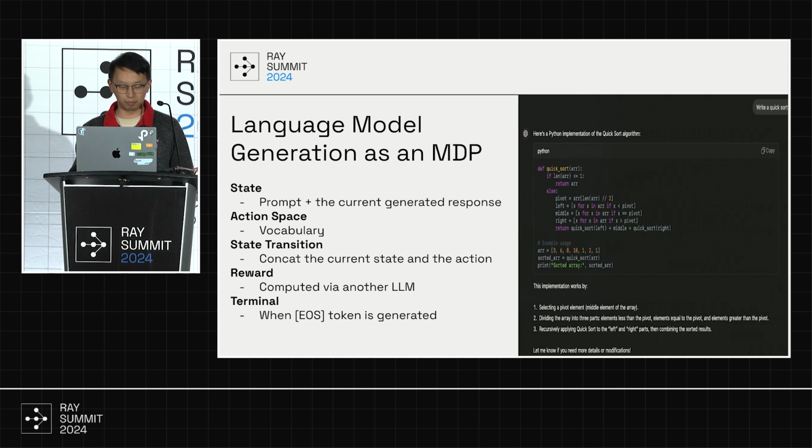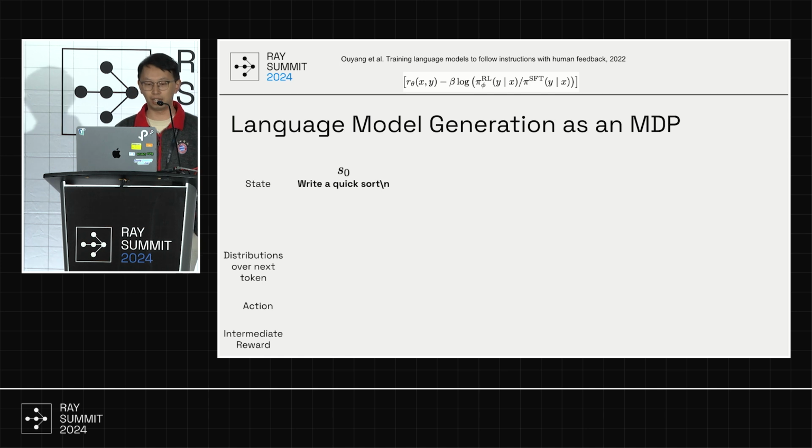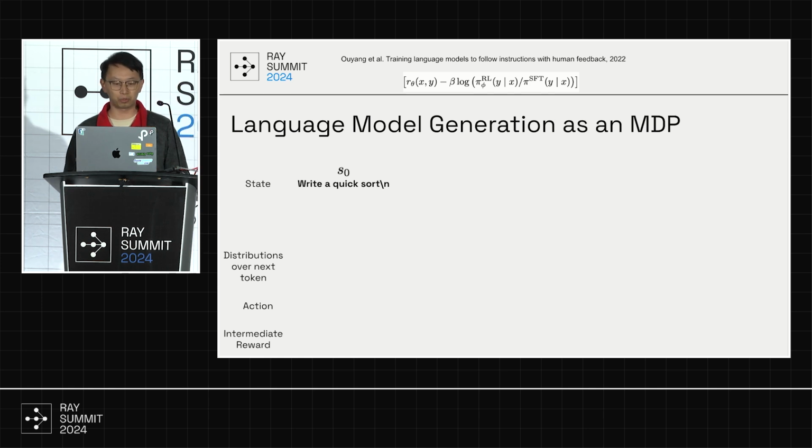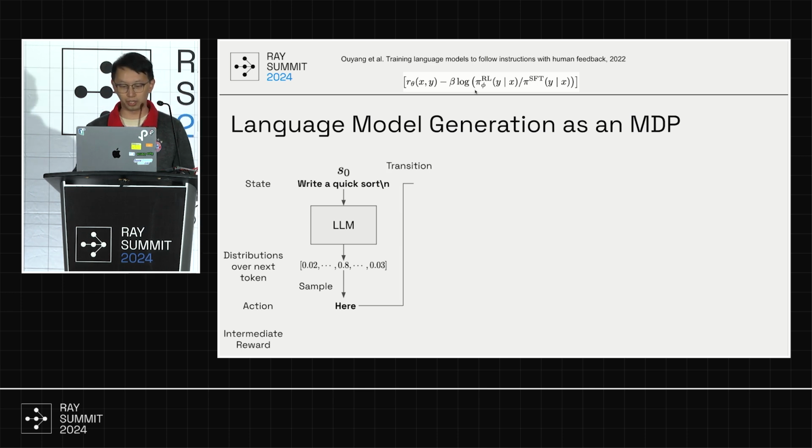So this is maybe a little bit abstract, so I will show you a concrete example. Here's the state: we have write a quick sort, and we give it to the large language model. It outputs a probability distribution of the next token, and then we sample from that distribution, and the next sample, suppose, is here, and then we concatenate here to the previous state, and it becomes write a quick sort here.